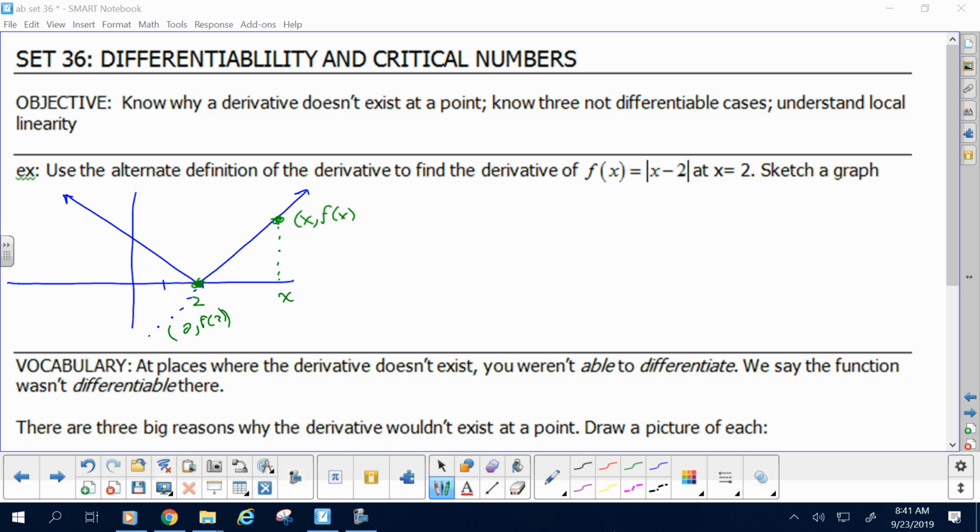Do you agree? What's the slope between them then? f of x minus f of 2 for the rise. And the run, x minus 2, sorry, yes. Now, wouldn't you agree that that gets you the slope between 2 points?